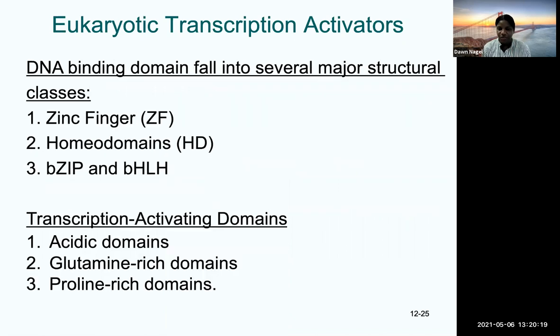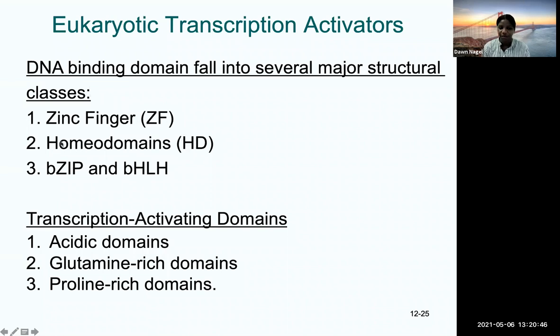These transcription factors are also classified into different families based on the process that they were found in, and really based on the DNA binding motif that's present. Okay, and that really dictates the type of transcription activator or transcription factors. And the DNA binding domain can fall into any of these major groups.